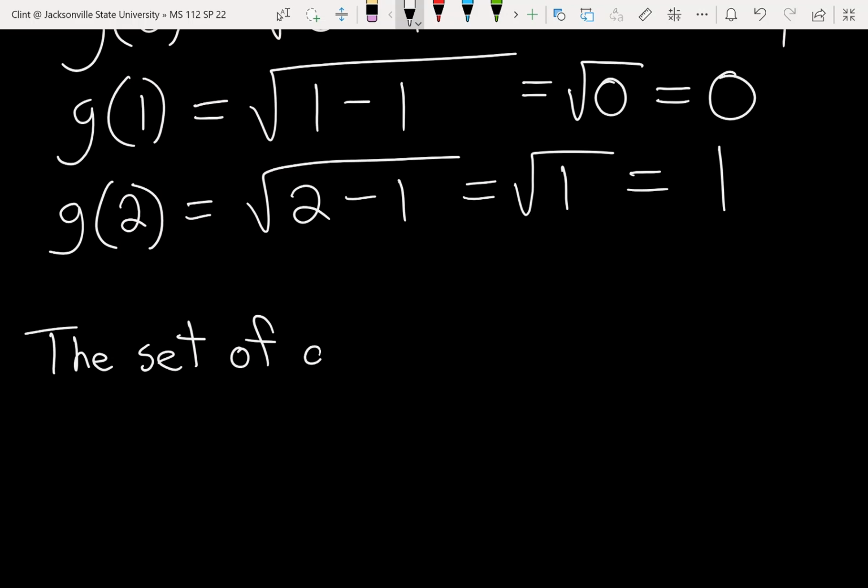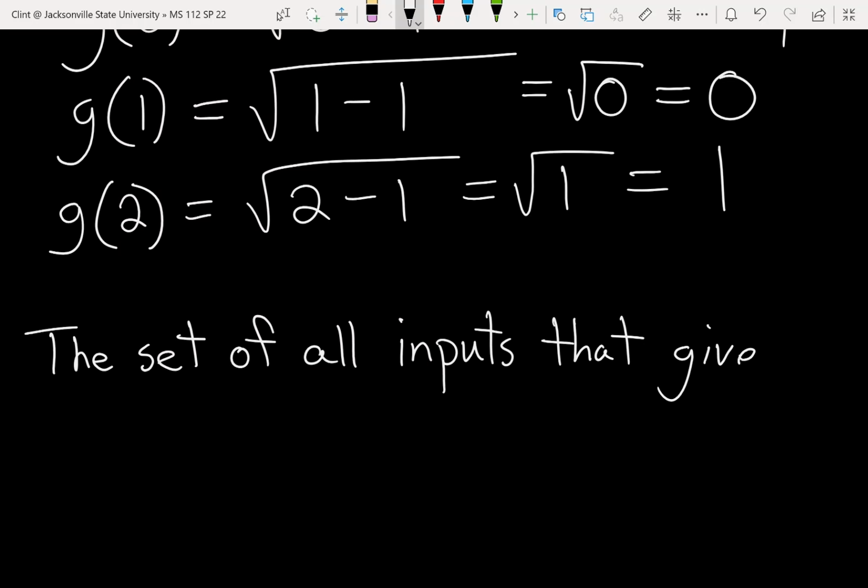Set of all inputs. Here we're just concerned with all the inputs that we can use that will work and give us an output.